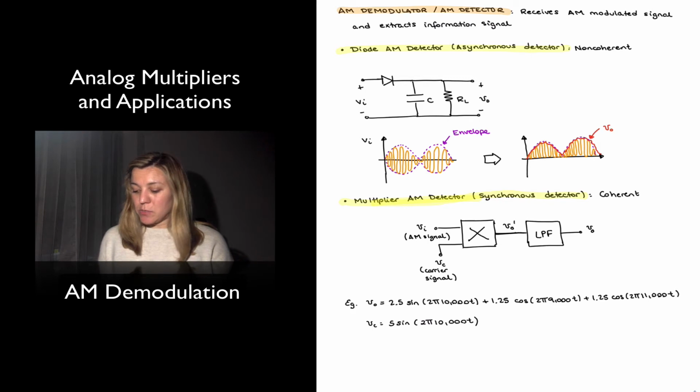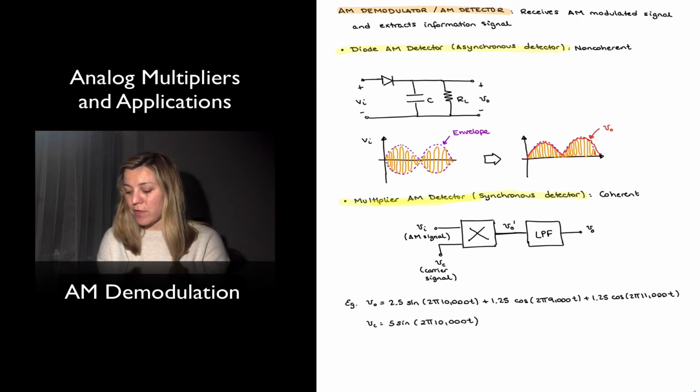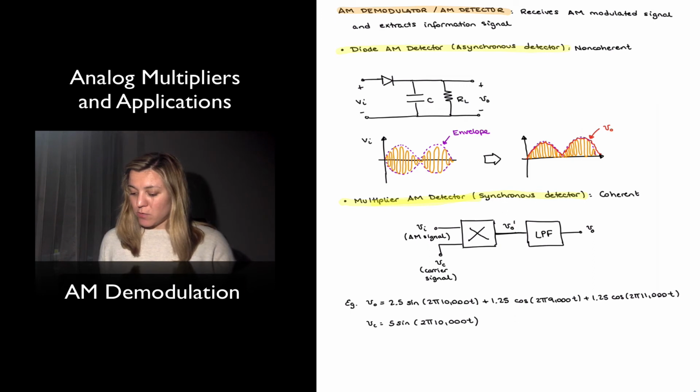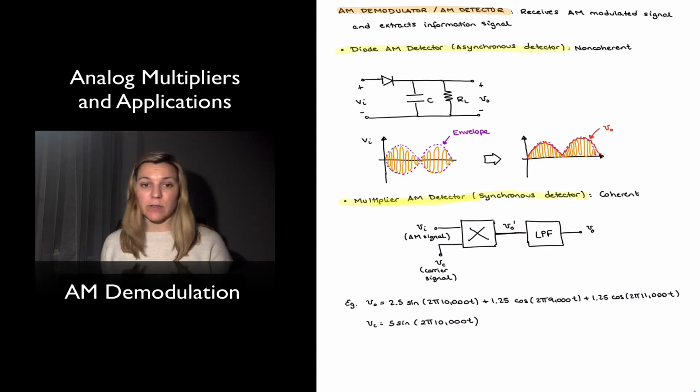how this happens may be better seen by taking a look at the example that we have been working with. If we take, for example, the output of our AM modulator, the one with the carrier, we will see it had a component at the carrier frequency of 10 kilohertz, a component at the difference, 10K minus 1K, which was 9K, and a frequency component at the sum.